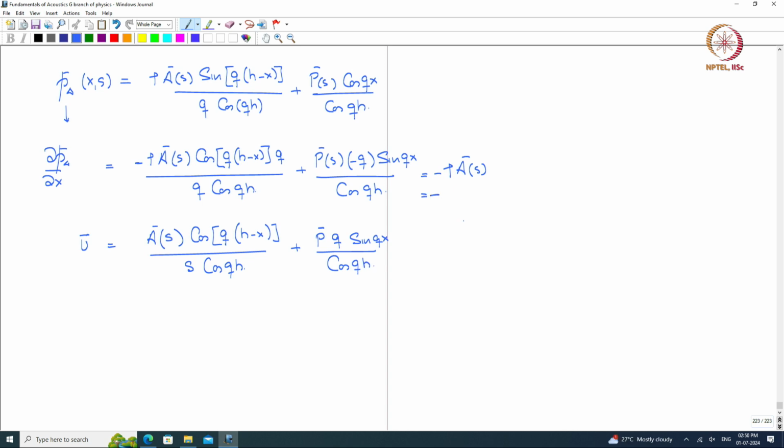This here is equal to minus rho s into u.